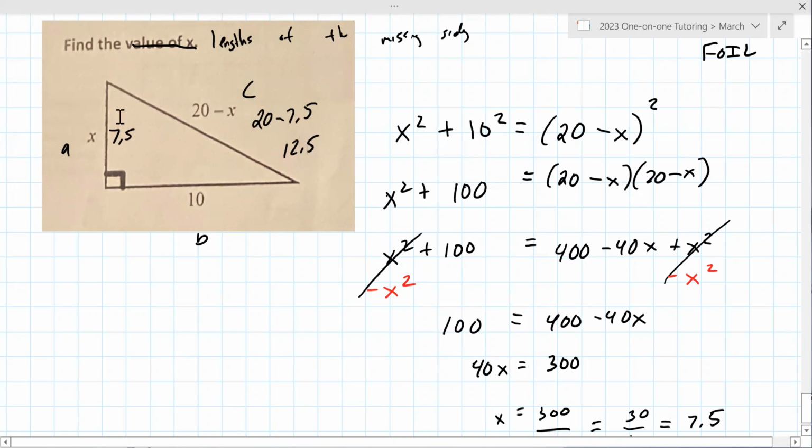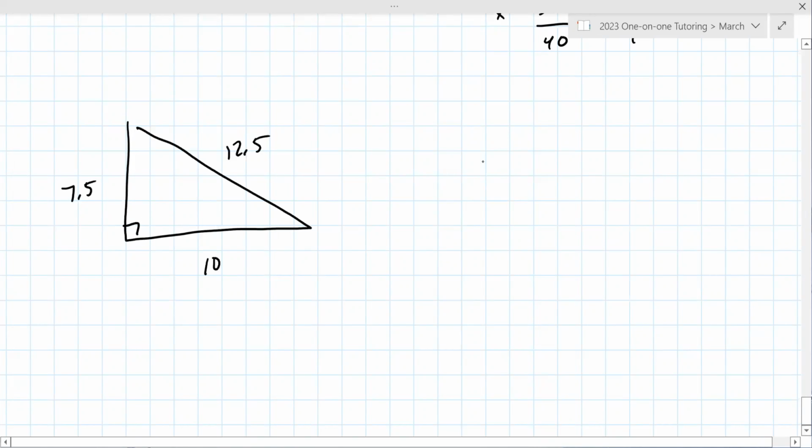So then I'd have 7.5, 12.5, and 10. Now to answer your question, let's do that real quick here. Okay. 10, 7.5, and 12.5. Does the Pythagorean theorem hold? Well, it's a right triangle. It should. Is 7.5 squared plus 10 squared equal to 12.5 squared?